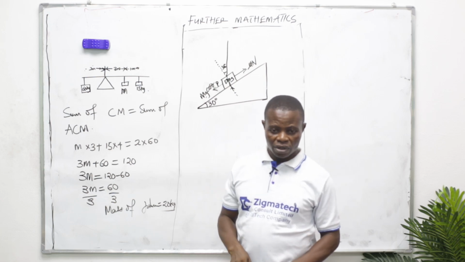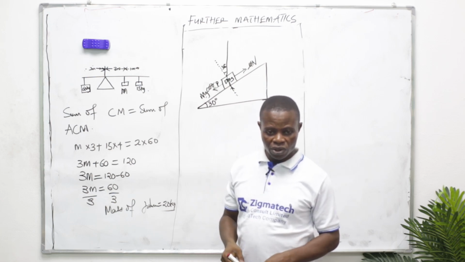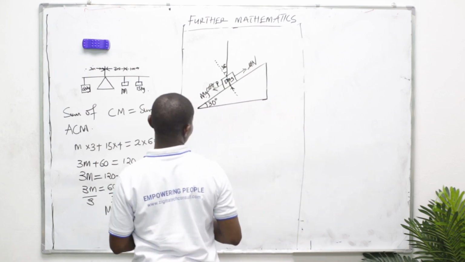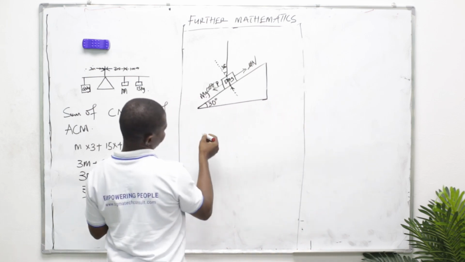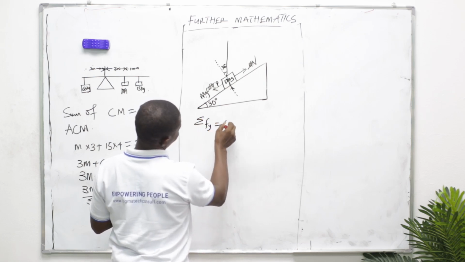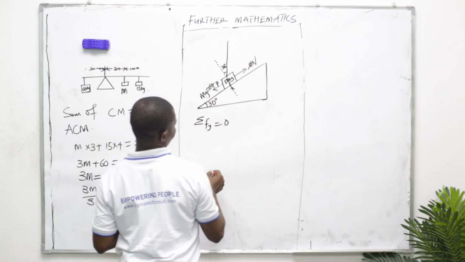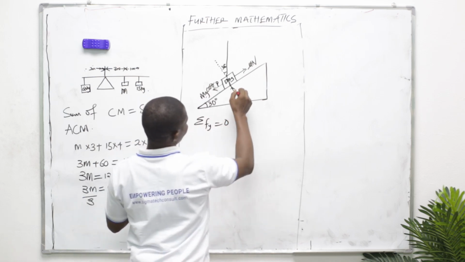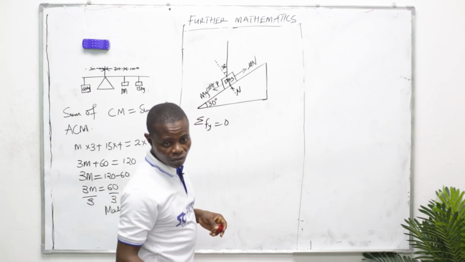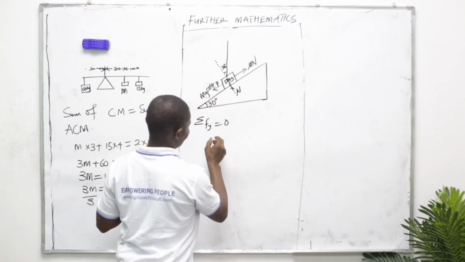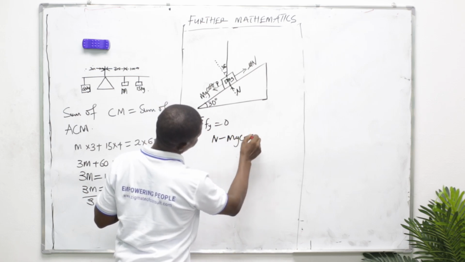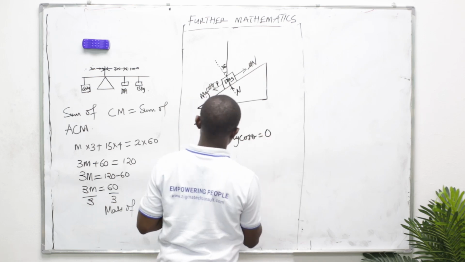Now, we need the summation of F equals 0. The vertical is first. Summation of Fy equals 0. The vertical: N minus mg cos theta equals 0.